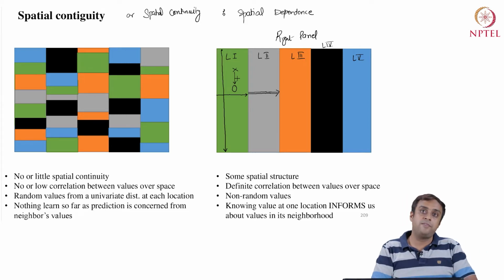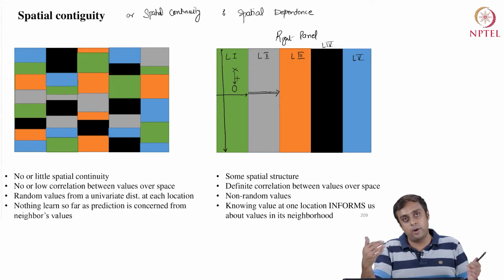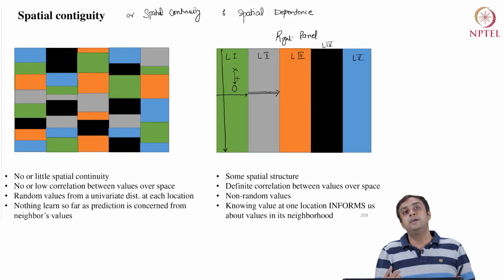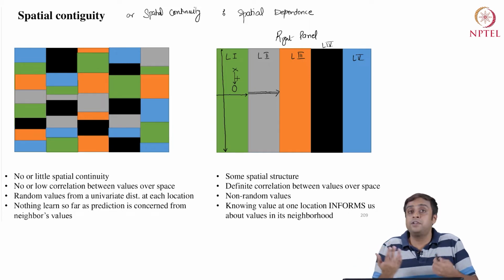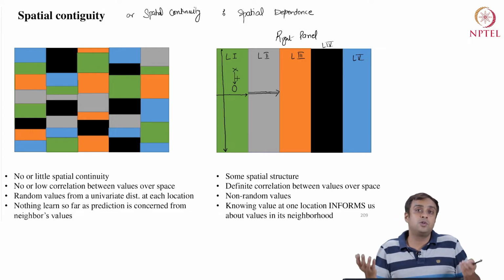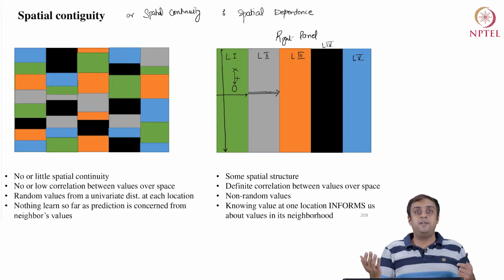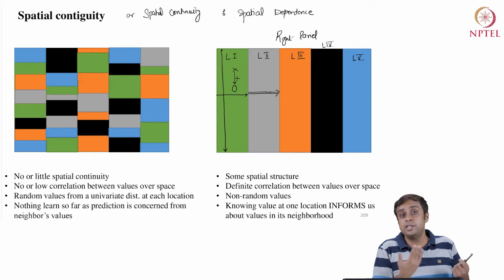We talked about the fact that we can't realistically sample every location in space, right? It is very expensive, and often not even possible, because all areas in space, on the land for example, are not accessible, right? So prediction is key.